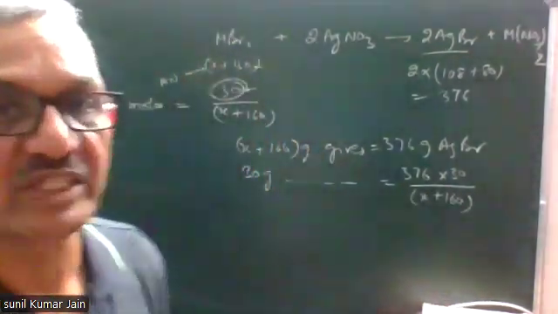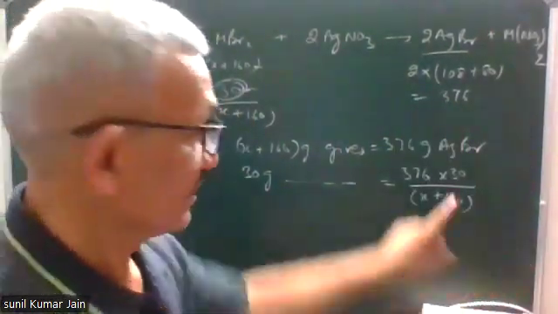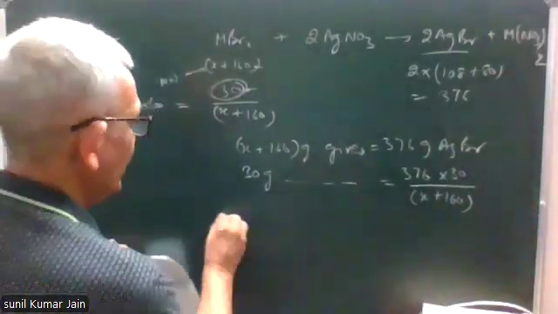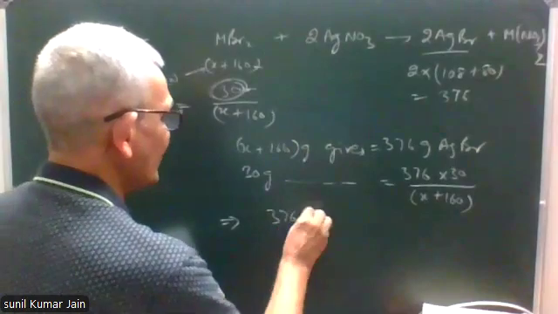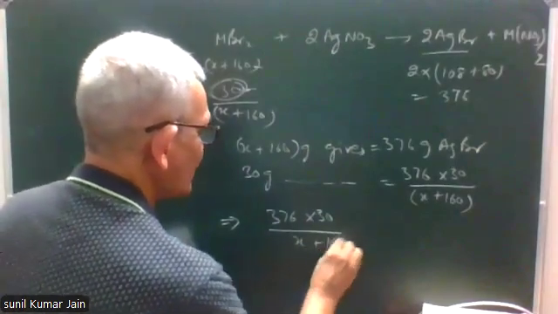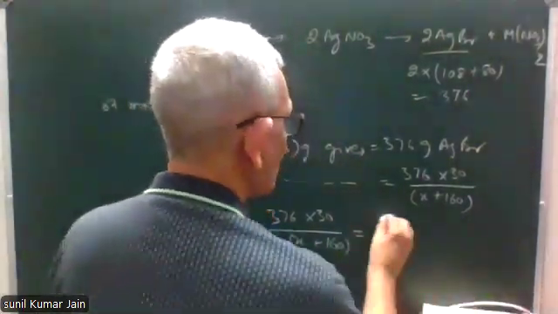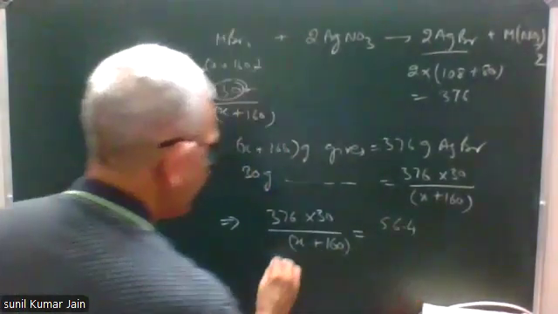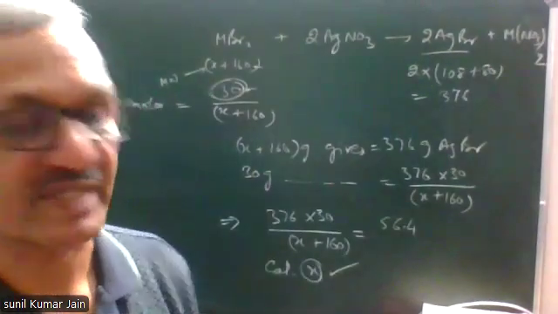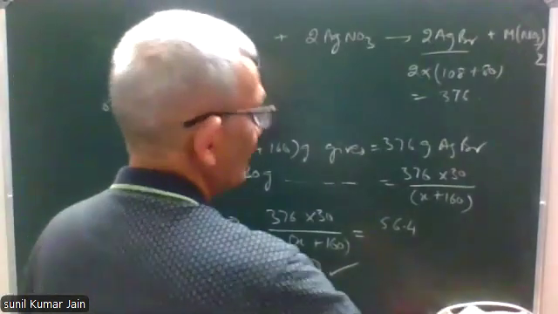So many grams of AgBr should be produced, and we are given the value of this weight. This is equal to 56.4, that is given in the numerical. It means 376 into 30 divided by X plus 160 is equal to 56.4. Calculate the value of X, that will be your answer. Next numerical.